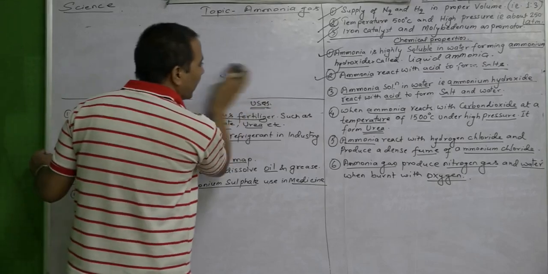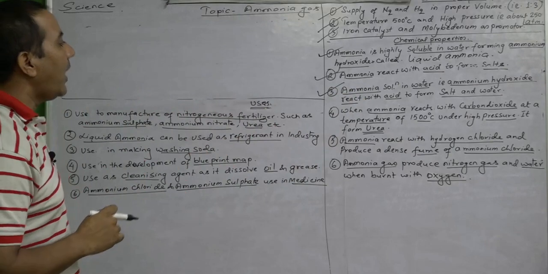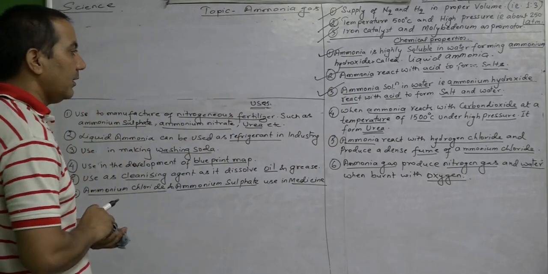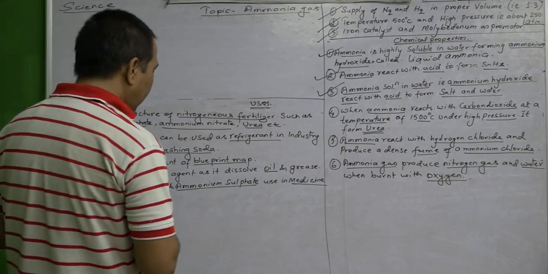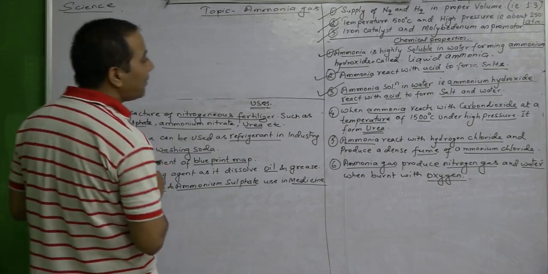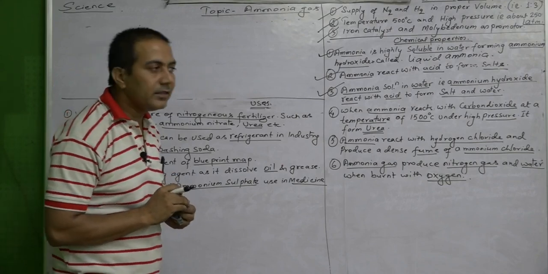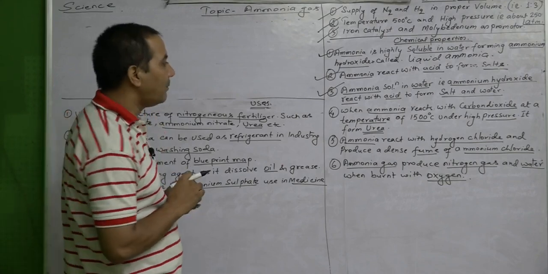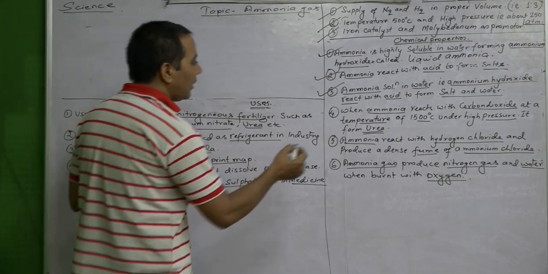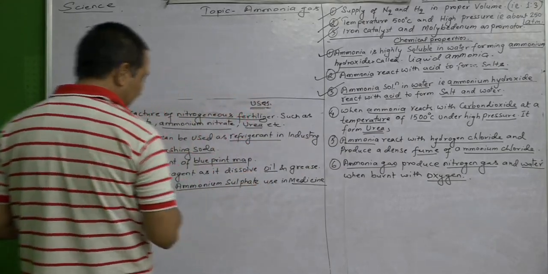Now comes the next chemical reaction. When ammonia reacts with carbon dioxide under high pressure and 1500 degrees Celsius, that is the temperature, what will it form? It will form urea. What is urea? Urea is a chemical fertilizer.